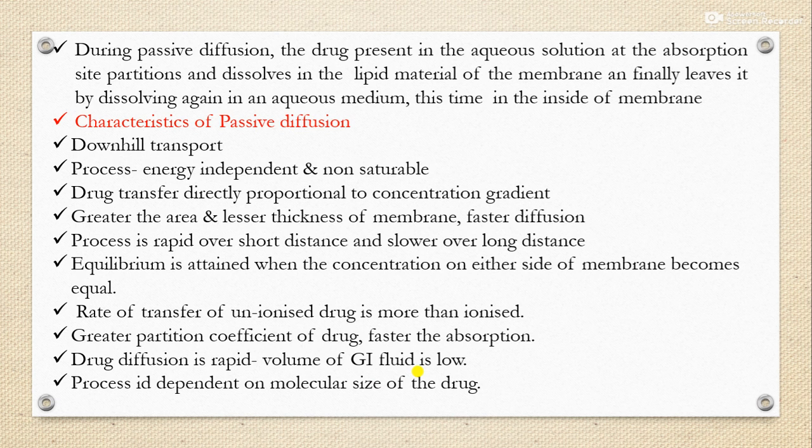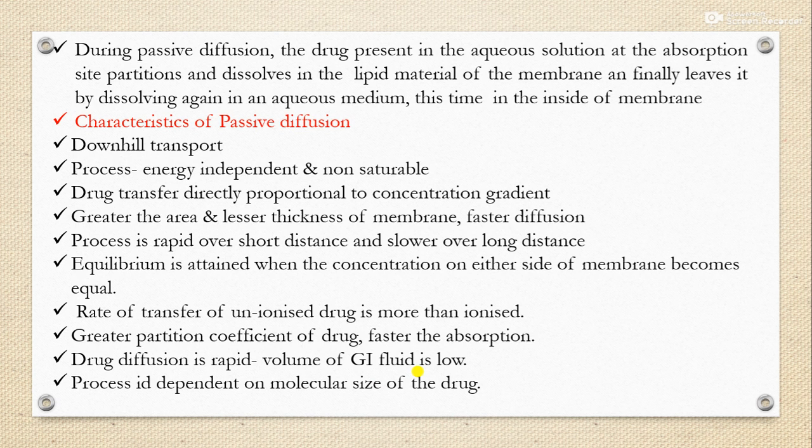During passive diffusion, the drug present in aqueous solution at the absorption site partitions, dissolves in the lipid membrane, and finally leaves it by dissolving again in aqueous medium, that is, on the inside of the membrane.